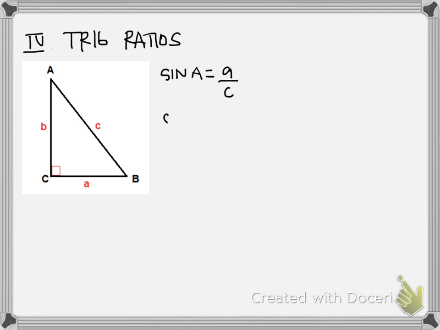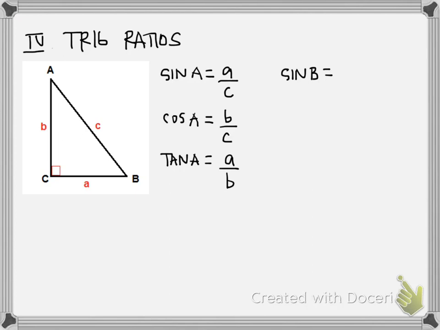Cosine of angle A is equal to the adjacent side over the hypotenuse side. Tangent of angle A is equal to the side that's opposite of angle A over the adjacent side.